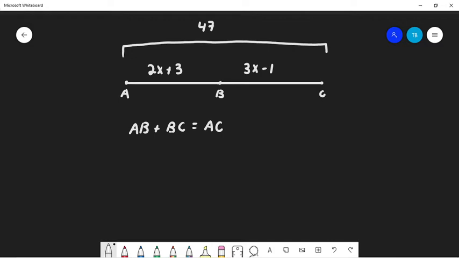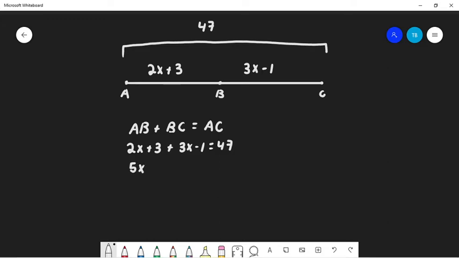So AB is 2x plus 3 plus BC, which is 3x minus 1, the sum of which is equal to 47. Then we combine our like terms again. So the 2x and the 3x on the left-hand side, I can combine that to get 5x.